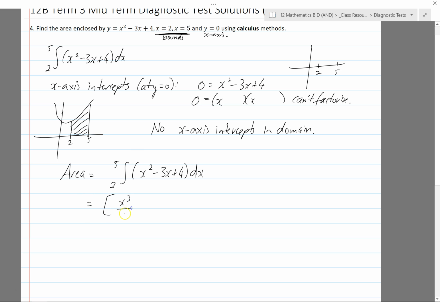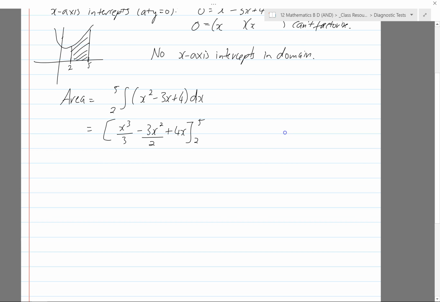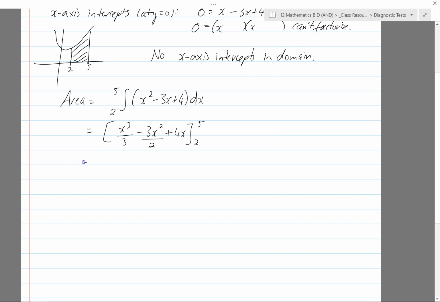So integrating, increasing the power by 1 and dividing by that new power all the time. And now it's the case of substituting in these values. So substituting in 5 everywhere.